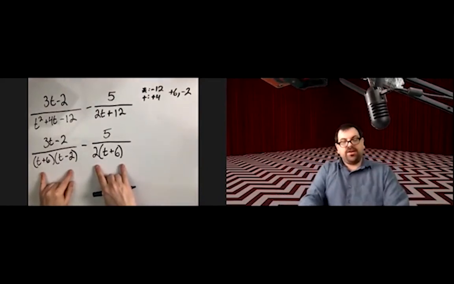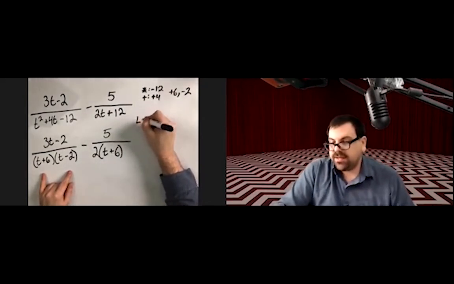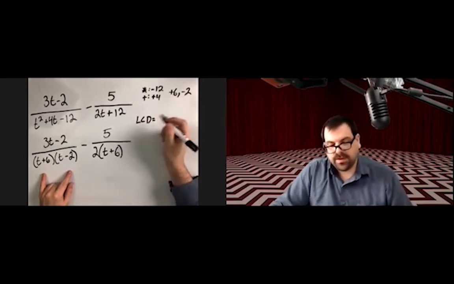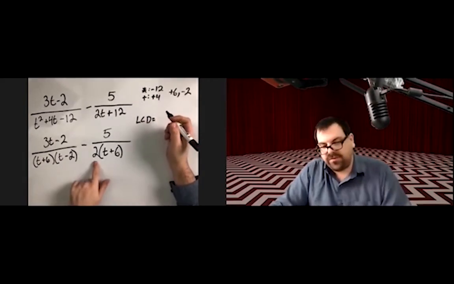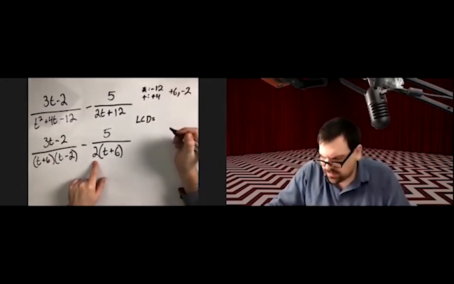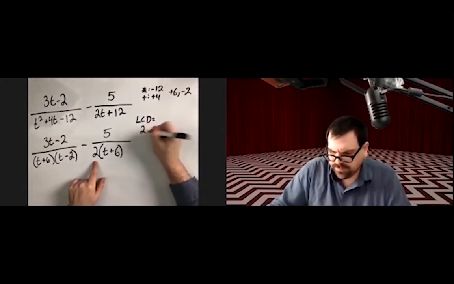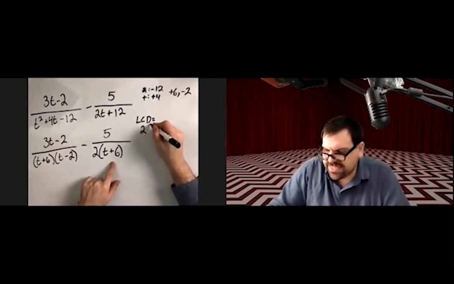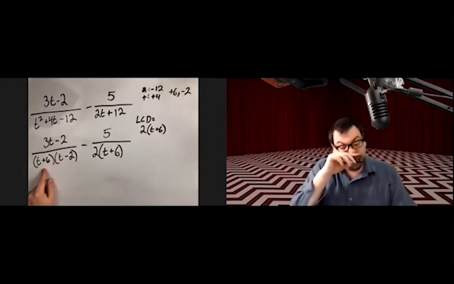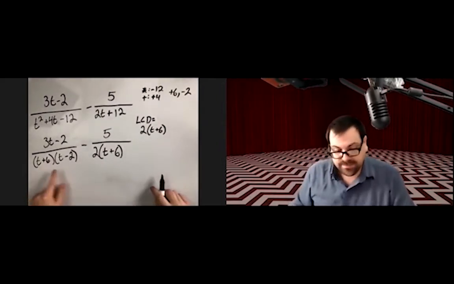So let's look at everything we have and find the LCD. We have a factor of 2, so put the number first. We have a factor of t plus 6, and we already have a t plus 6.